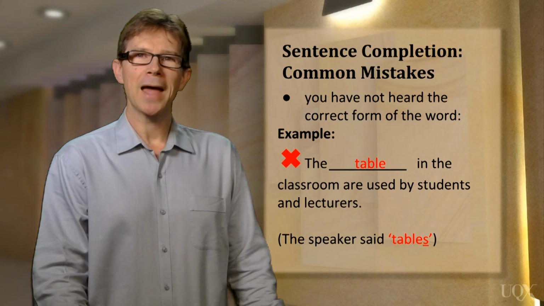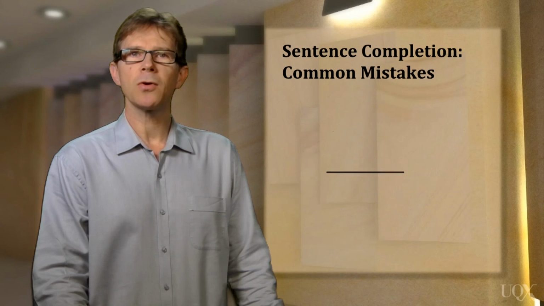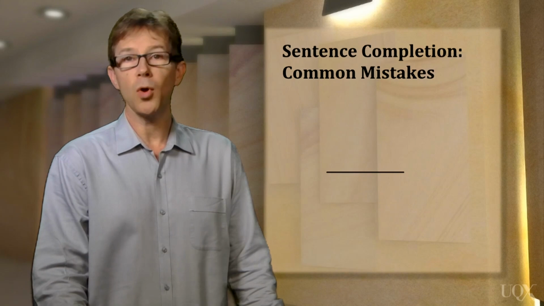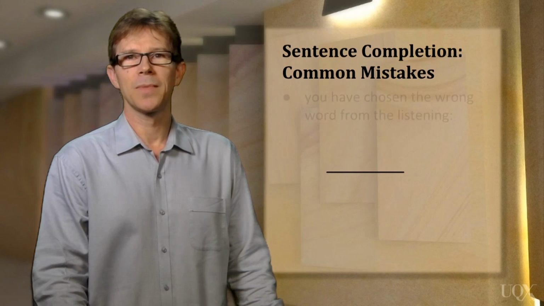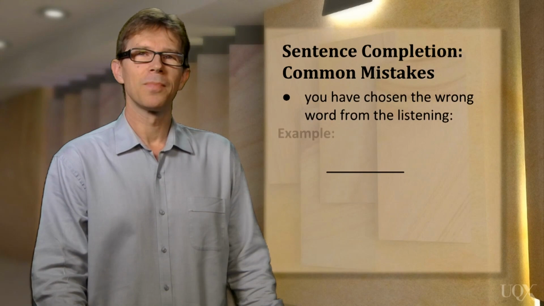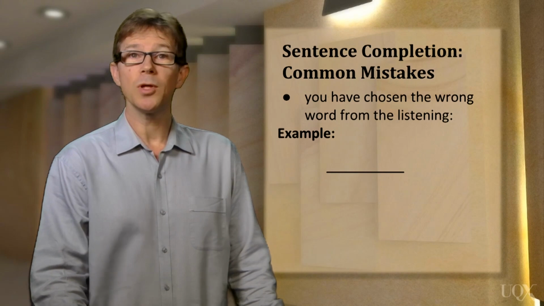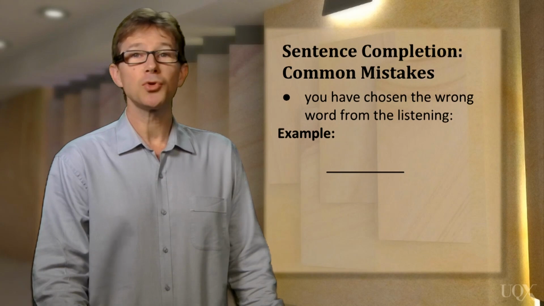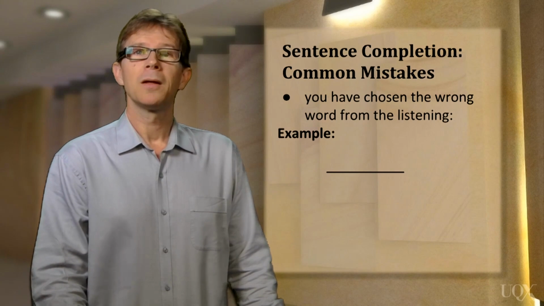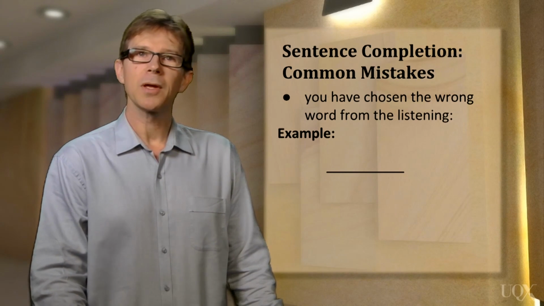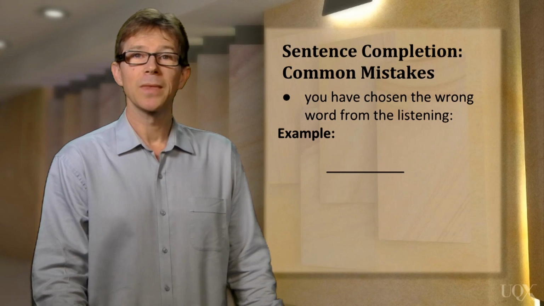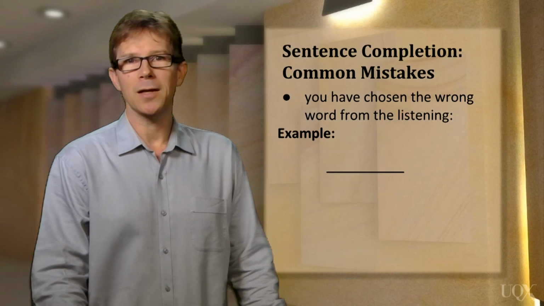Another reason that your answer might be wrong is because you've chosen the wrong word from the listening. For example, if the words furniture and tables were used by the speaker and you chose furniture, then this answer is wrong because in this sentence it's grammatically incorrect.